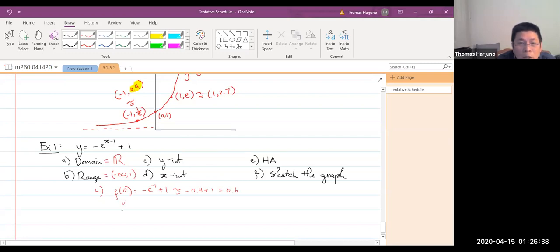So the y-intercept is 0, 0.6. However, if I ask you to compute that using a calculator to 5 decimal places, what will that be? Do you know how to use your calculator to compute that?